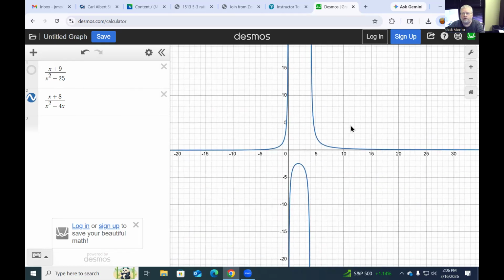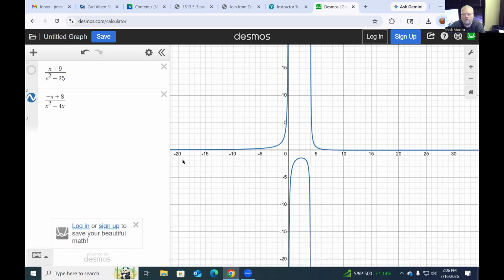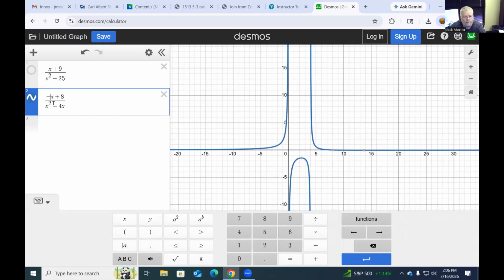Now, it's not always going to look like a volcano on a downward parabola. If I come over here and put a negative out front, what kind of transformation is that? Well, it's outside the function, so it's vertical.